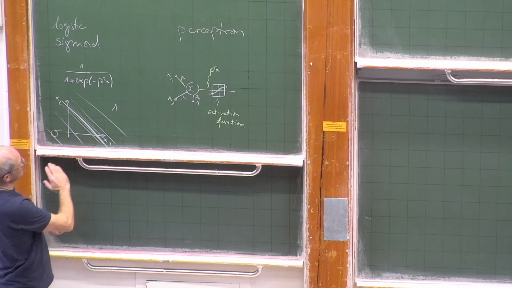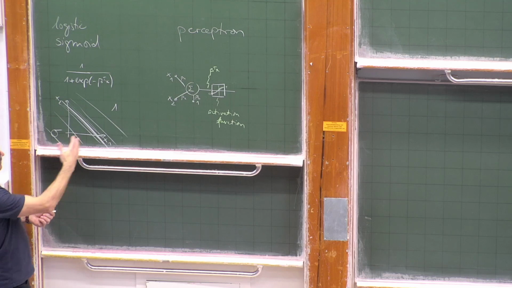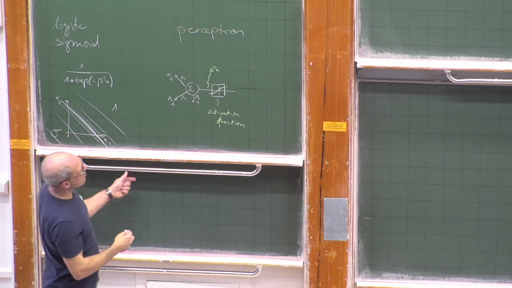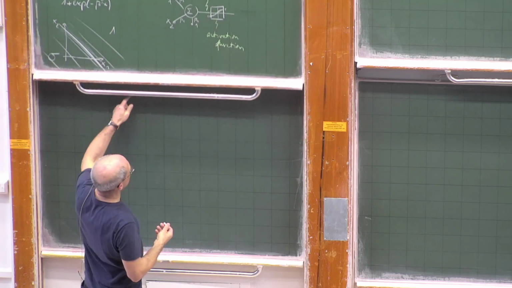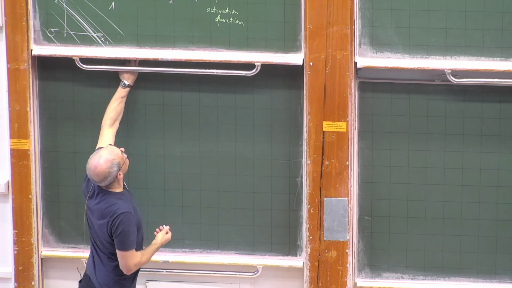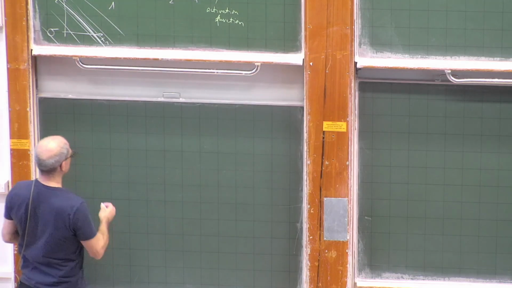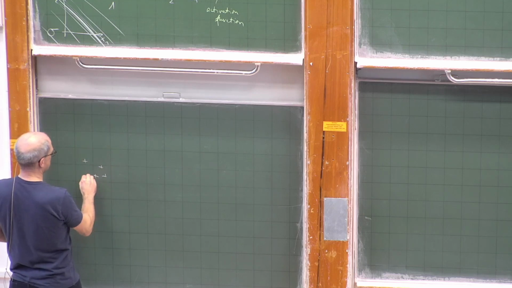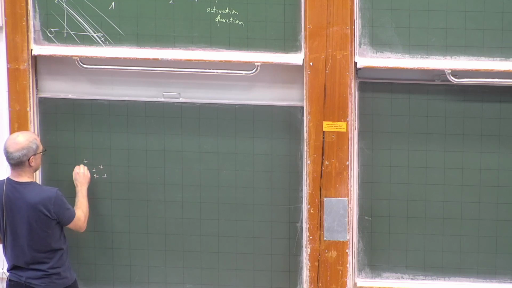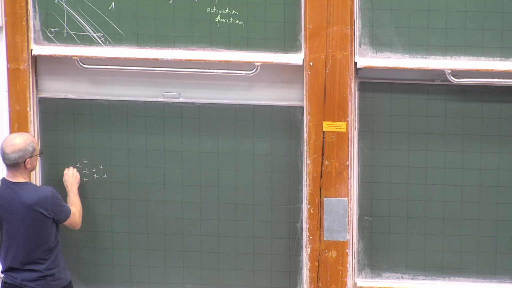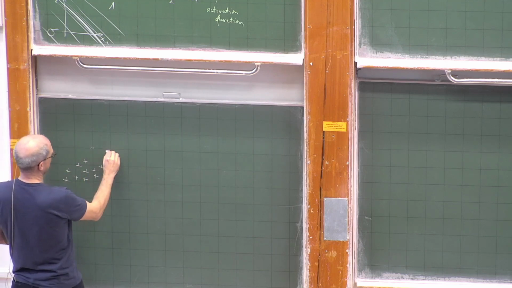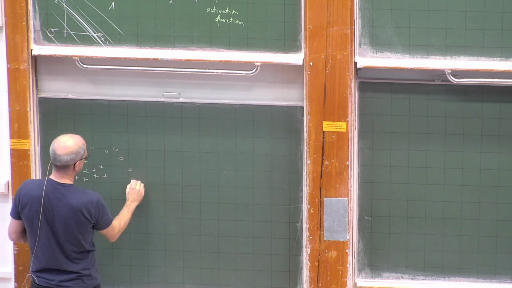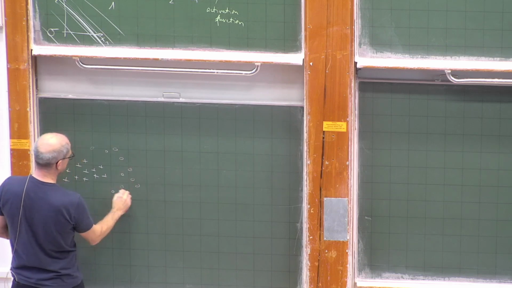with this kind of linear model, you can only model linearly separable problems. Yeah, so if we have instead a problem that looks like so. Okay, we have one class here, and we have some other class in my two-dimensional feature space.